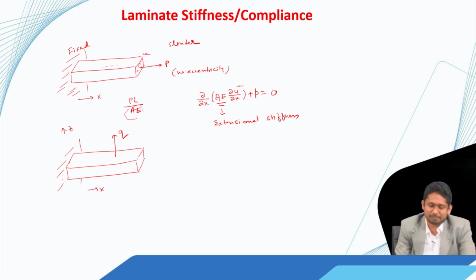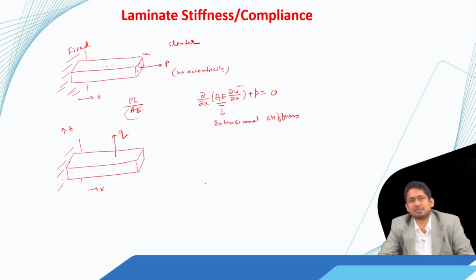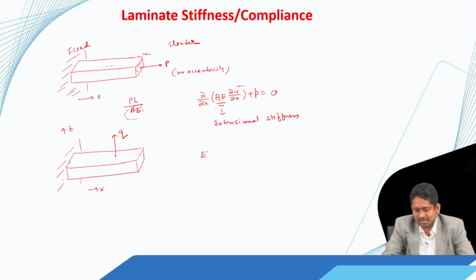So, the beam will bend. So, in that case we talk about a bending stiffness or flexural stiffness, which we denote as E I, that means E multiplied by the moment of inertia I.